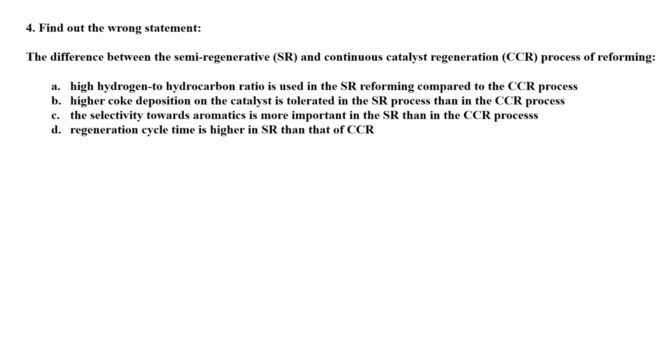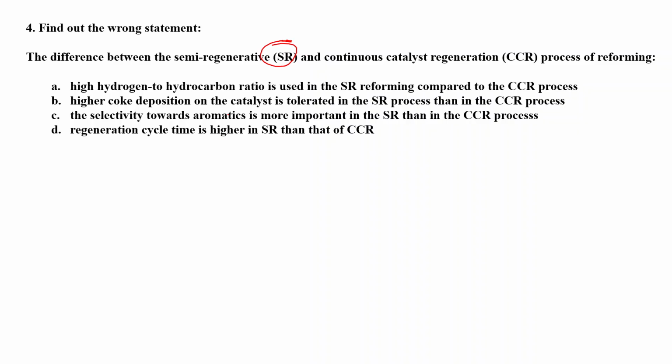High hydrogen to hydrocarbon ratio is used in SR reforming compared to CCR. This statement is correct because in the case of SR reforming, continuous regeneration of the catalyst does not take place.